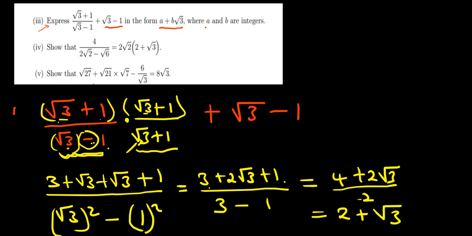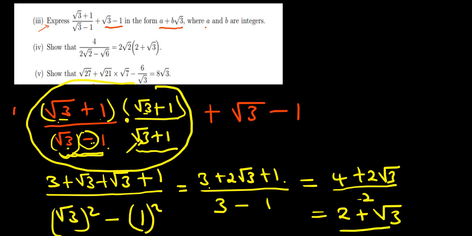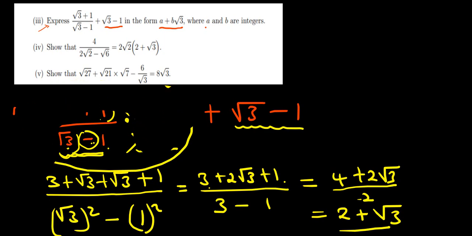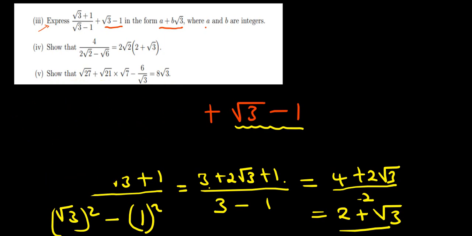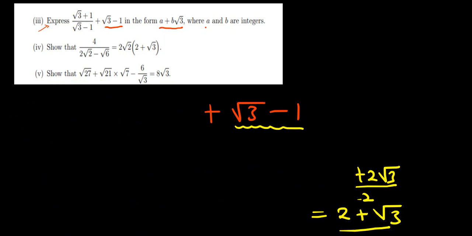So we see that the first expression here has just become 2 plus root of 3. And then remember, we are supposed to add the root of 3 minus 1. So let's do that. The first expression that we had there has just become 2 plus root of 3, and then let's add what is common here now.